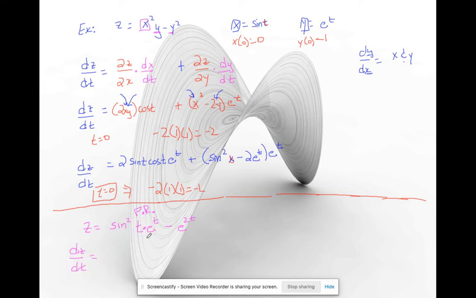I would have gotten e to the t times sine squared t, right? Because sine squared t times the derivative of e to the t, plus e to the t times the derivative of sine squared, which would have been 2 sine to the first times the derivative of sine, minus the derivative of e to the 2t.